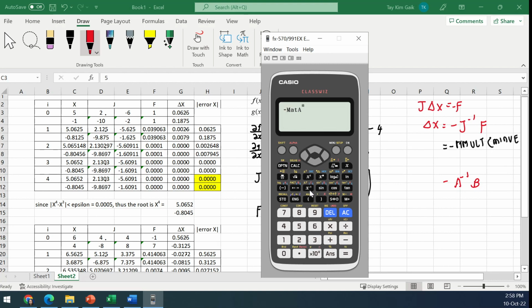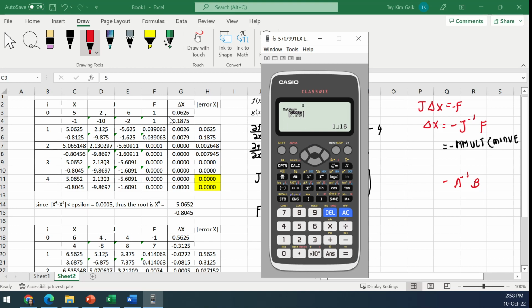And then inverse, we press the inverse button. Then multiply, the multiplication button, matrix B, which stores the vector f. So number 4, B, number 4. Now you get 0.0625, 0.1875.